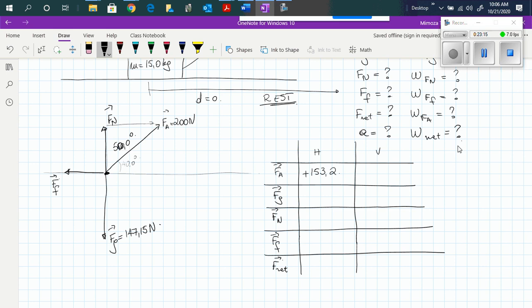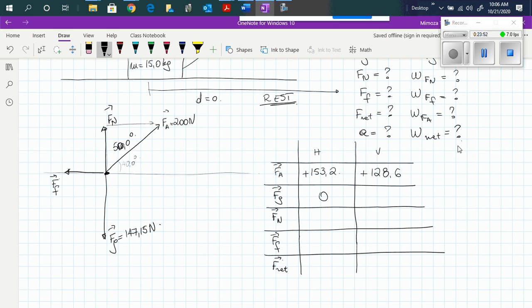Now, you may ask, Miss, can I use the angle 40 here? Yes, you can. But we have said that when we are finding components, from the tip of the vector we draw a right angle triangle that includes the given angle. You may find that angle and use that angle 40. The vertical component of force applied will be related to cosine, so 200 times cosine 50, and it is positive 128.6.